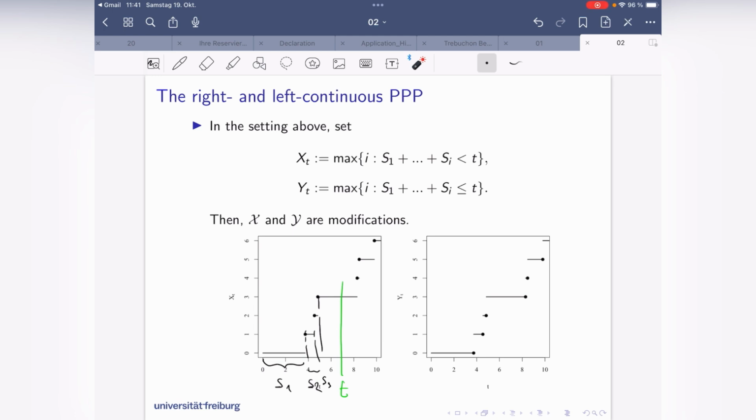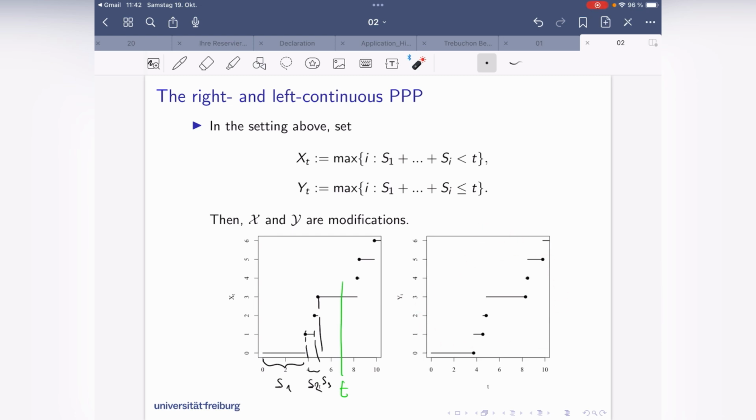The question is whether the event here is such that the path is right continuous, or such that the path is left continuous. Well, both are valid options at first. But as we will see, there are reasons to choose the right one over the left one.